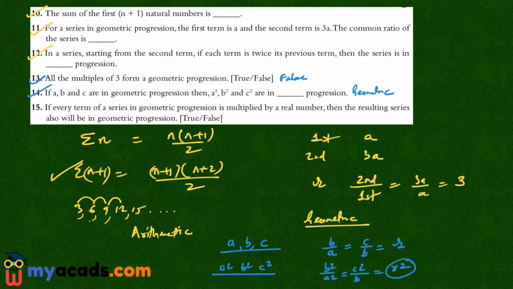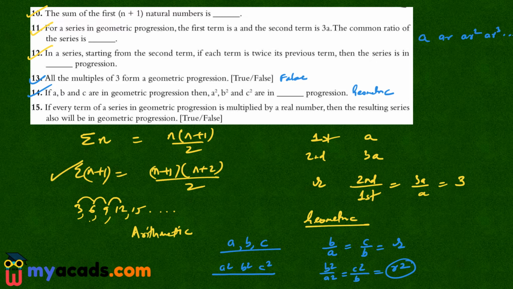So now let's see question number 15. If every term of a series in geometric progression is multiplied by a real number, then the resulting series also will be a geometric progression. For example, my GP is A, AR, AR square, AR cube and so on.